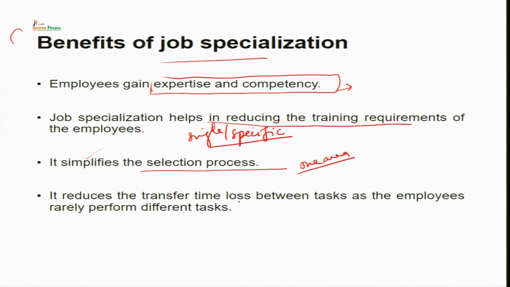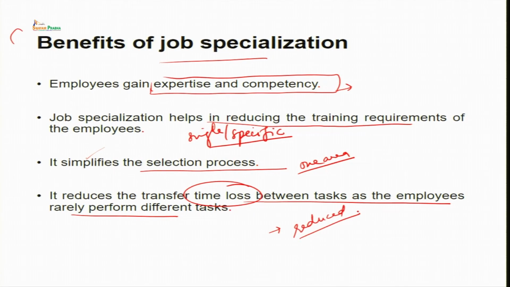It reduces the transfer time loss between tasks. As we all know, we cannot perform all the tasks together; at a time an individual can perform only one task. So the time gap between the end of one task and the beginning of another task can be reduced by job specialization.